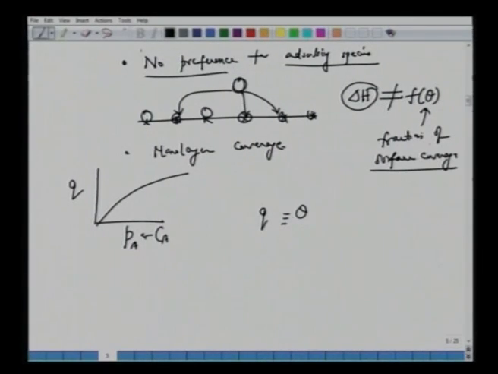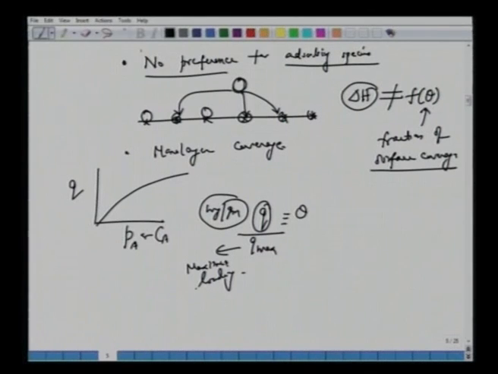So this fraction of surface coverage, or Q which we have in milligram per gram, theta would be Q over Q max, actual loading over the maximum loading. So essentially this Q has been non-dimensionalized by Q max. So theta equals Q over Q max.